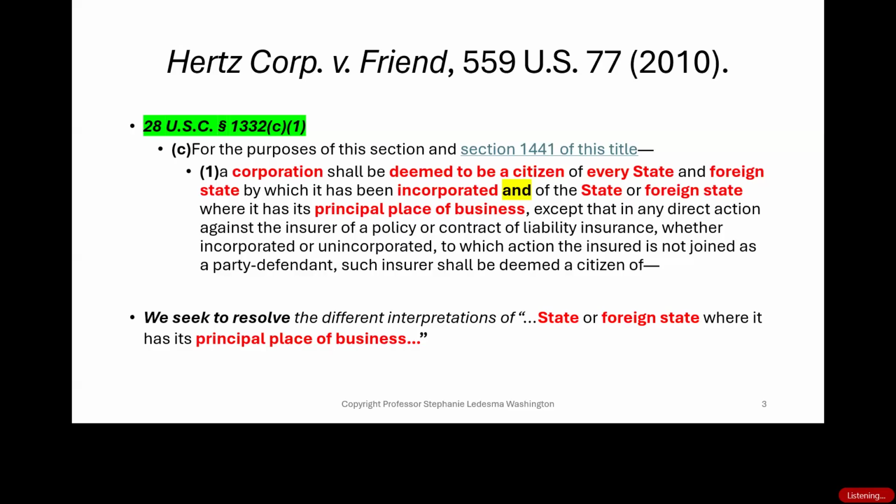Sounds pretty straightforward. It is not. What we seek to resolve is not the every state and foreign state by which it has been incorporated. What we seek to resolve is, what is the state or foreign state where it has its principal place of business? What exactly does that mean?